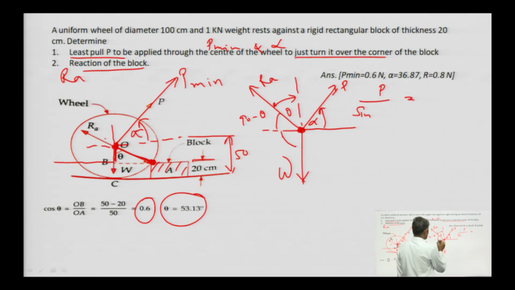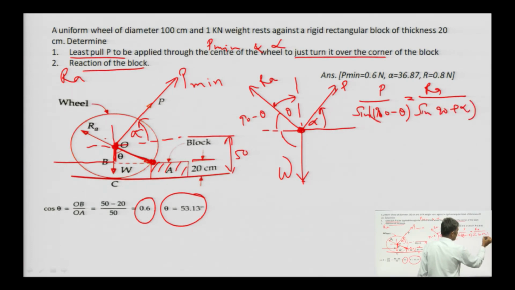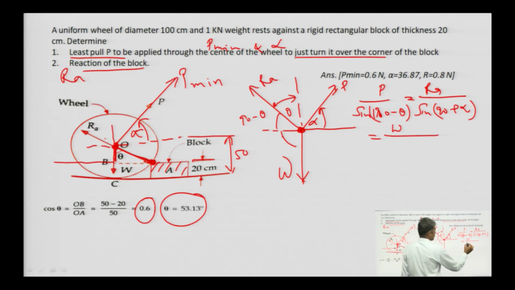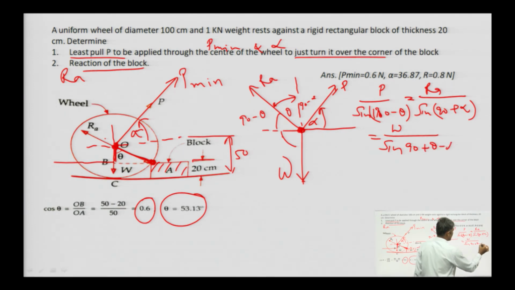Then entire angle will be sine 180 minus theta, is equal to R A divided by sine 90 plus alpha, is equal to W upon what will be the angle? Sine, this is alpha, 90 minus alpha. So, it is 90 plus theta minus alpha. This will be the equation.